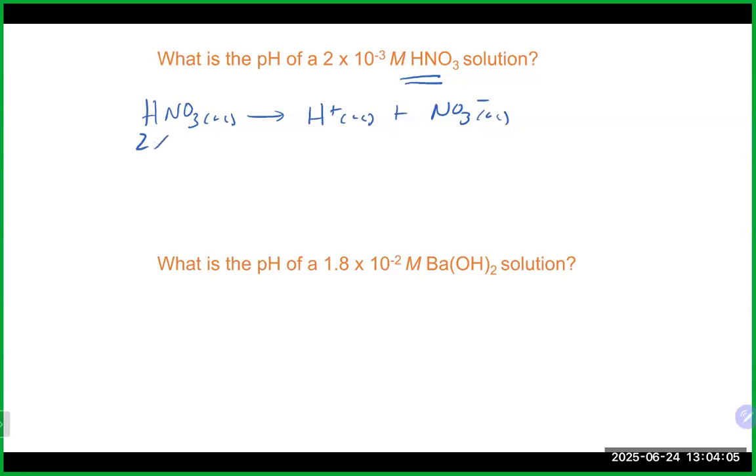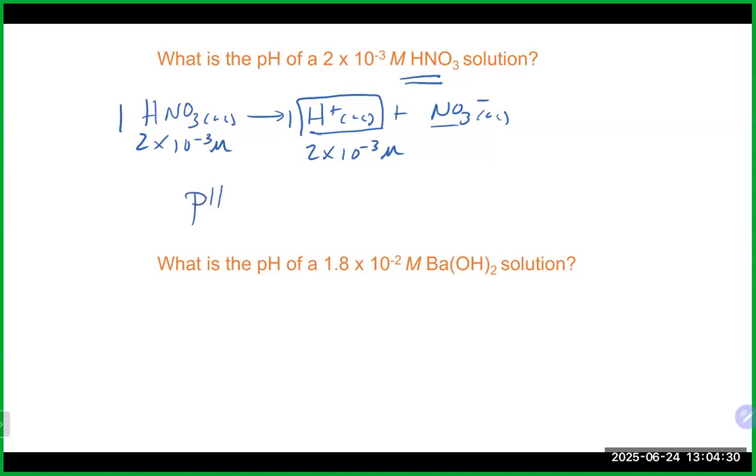Because of that, it's going to be our H plus that we're interested in. It is a 1-to-1 relationship, which means the concentration of the H plus would also be 2 times 10 to the minus 3 molar, basically 1 times that value, which gives you the same value. It also would be the same for the nitrate, but not really necessary in this question.